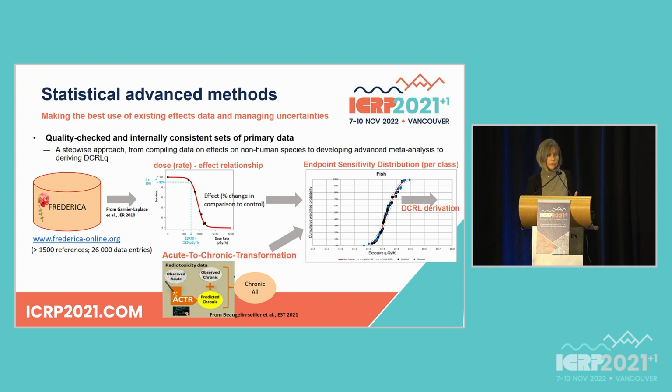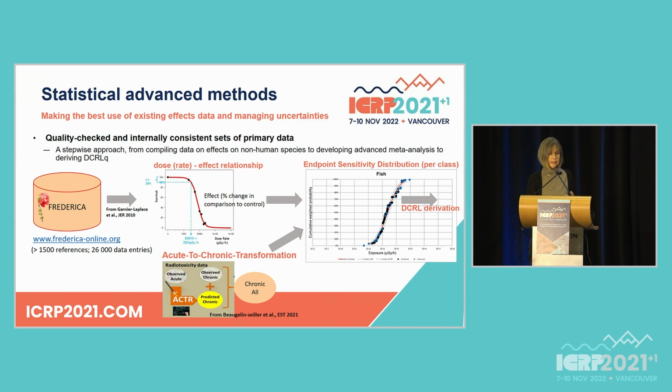And we did the same thing for acute exposure data, deriving the effect dose giving 50% effect in comparison to the control. So the idea is really greatly inspired by what is done for chemicals.